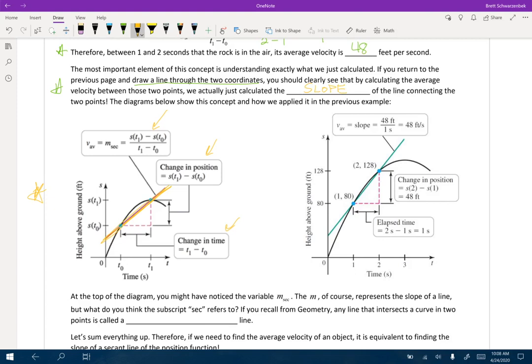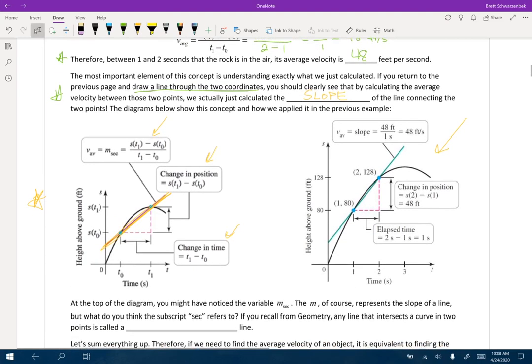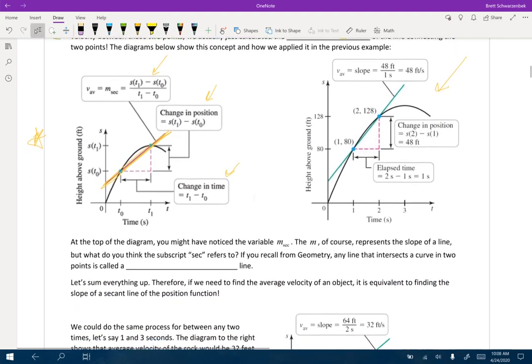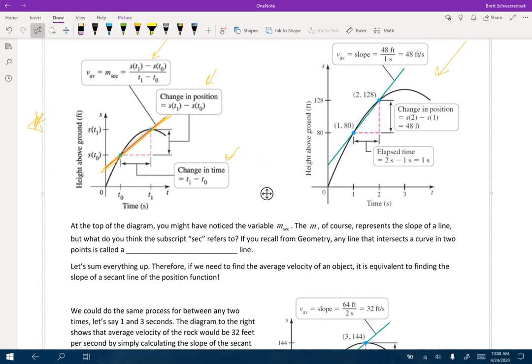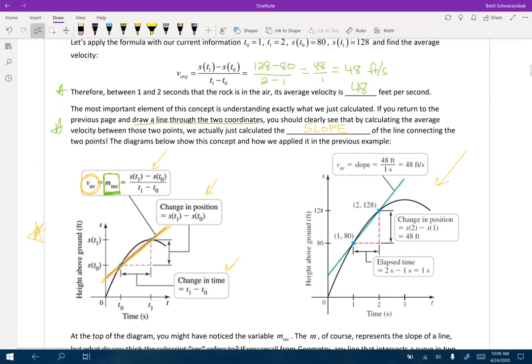I also summarized a visual of the 48 feet per second that we just did, just so that you can look back at this if you ever need to. But what I want to point out is this term: v sub avg, which is average velocity, is equal to this thing right here, m sub sec. You remember from basic algebra and lines that in the equation of the line, y equals mx plus b, m is the slope.